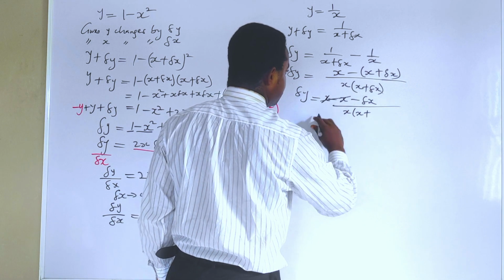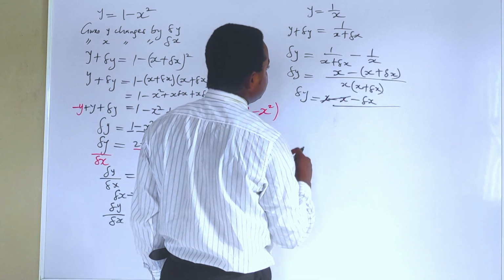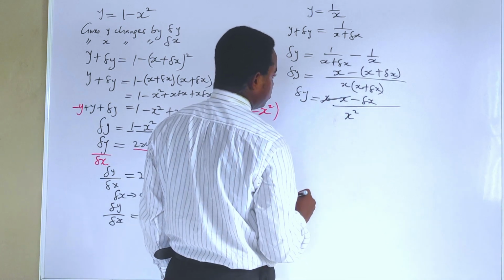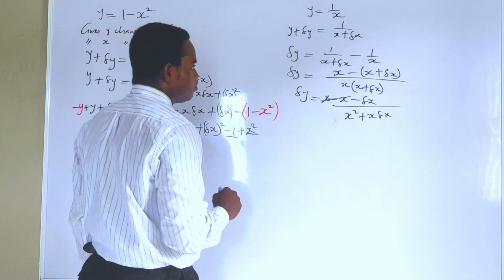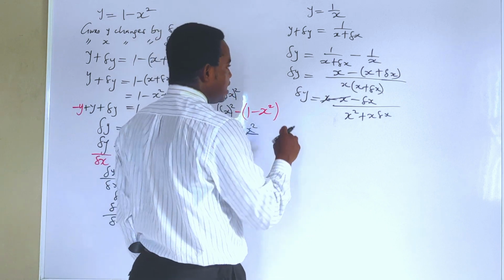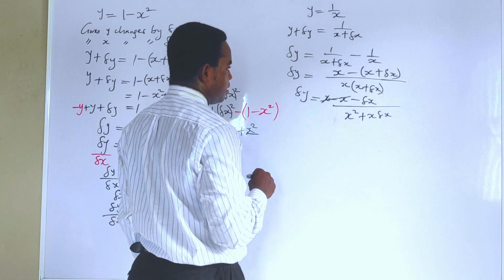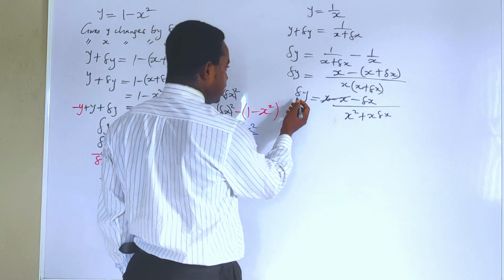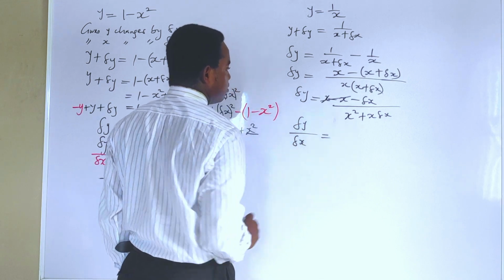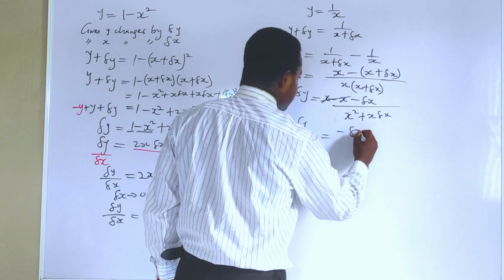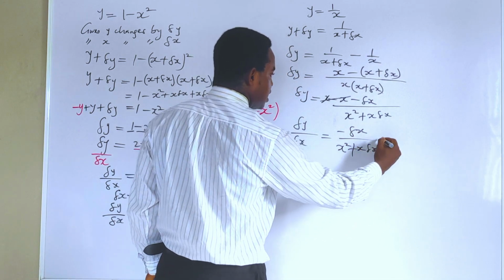into, okay, let us open the brackets down there. It's not necessary, but we should just do that. So that's going to be x raised to power 2 and plus x delta x, right? Okay, we are at the point where we divide both sides by delta x. So let us divide both sides by delta x. So that will give delta y divided by delta x equals negative delta x divided by x raised to power 2 plus x delta x and divided by that.